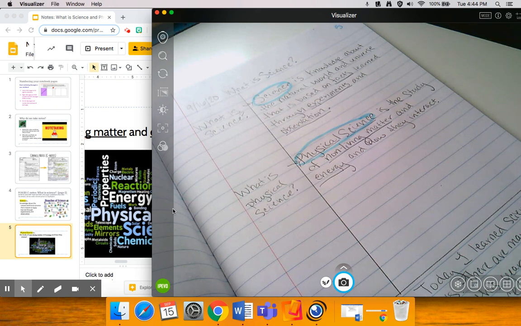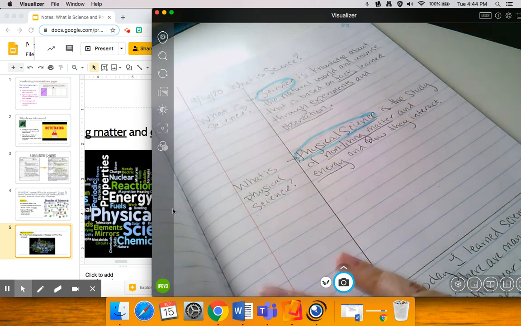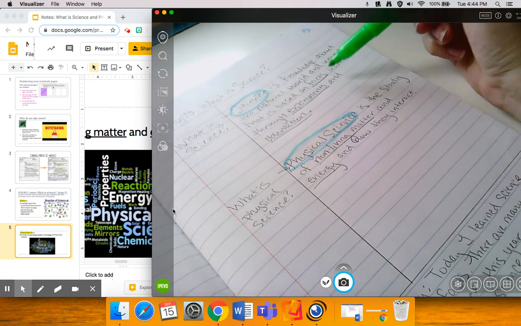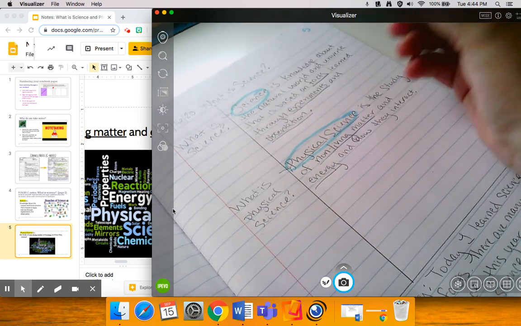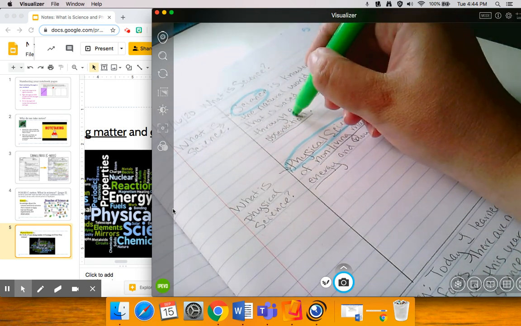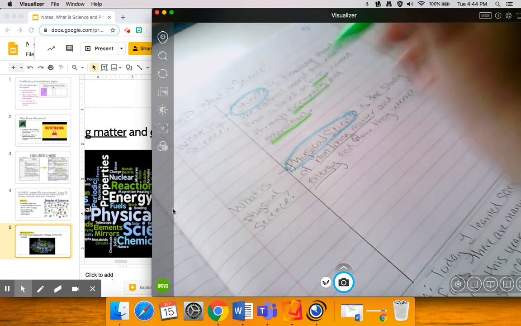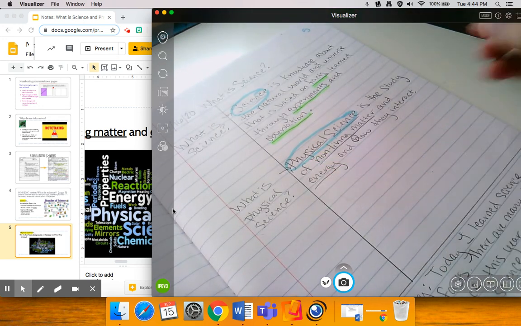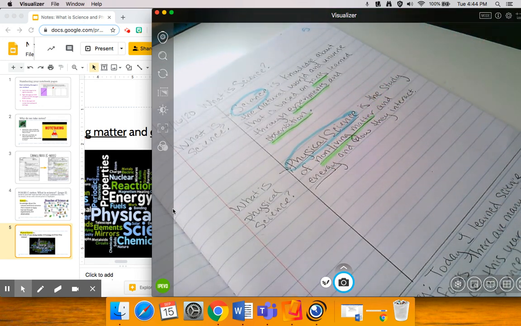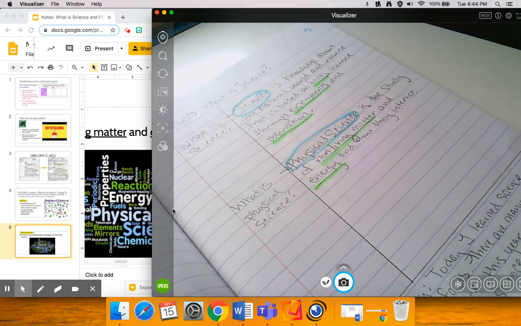And then you can come up with your own method for highlighting. I like to use a different color to underline the words that go with our new vocabulary words. So science, we really need to know that that's based on facts, involves experiments and observation. And then physical science is the study of non-living matter and energy. So those are the 2 big things to remember.